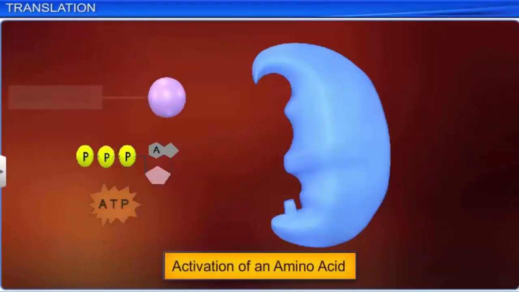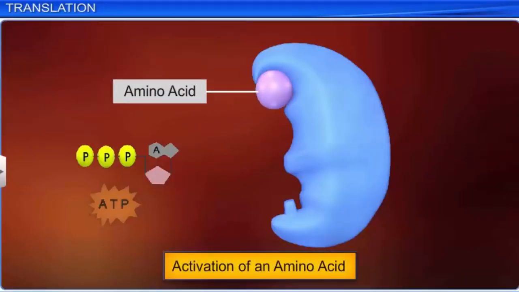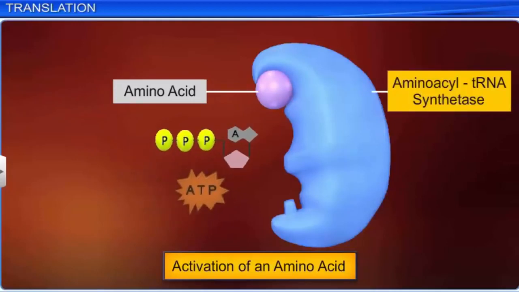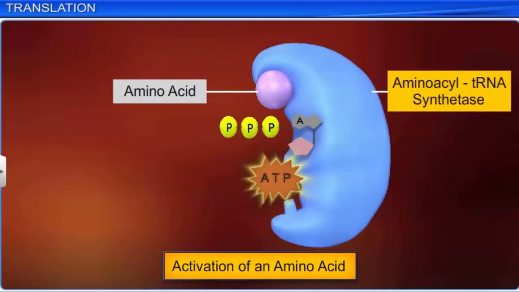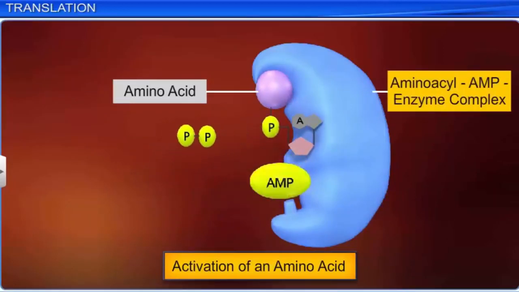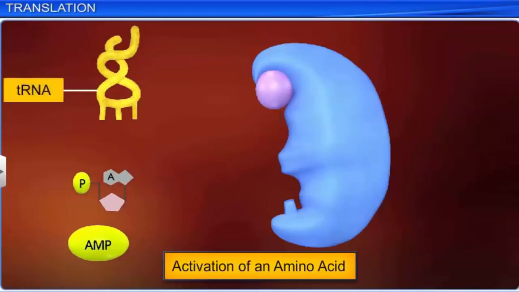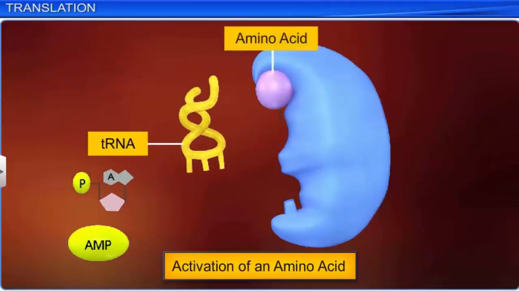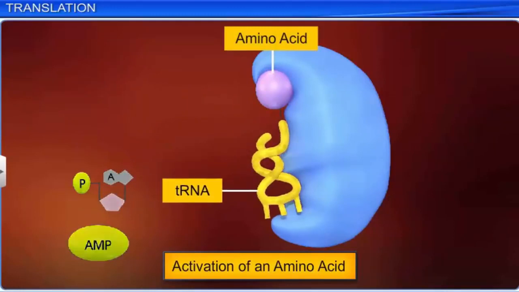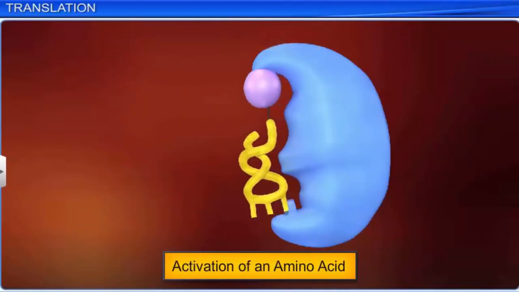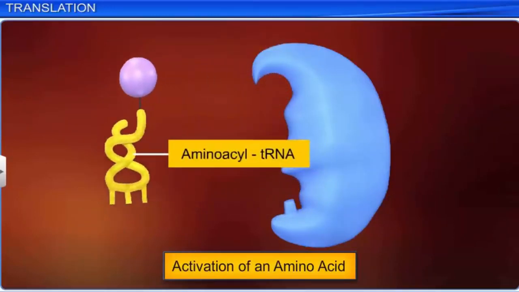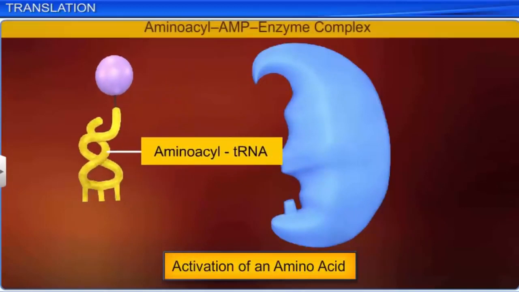During this process, amino acid binds with ATP in the presence of aminoacyl tRNA synthetase and is activated into aminoacyl AMP enzyme complex. This complex reacts with tRNA and transfers the amino acid to it. As a result, tRNA becomes activated as aminoacyl tRNA and the enzyme and AMP are liberated.